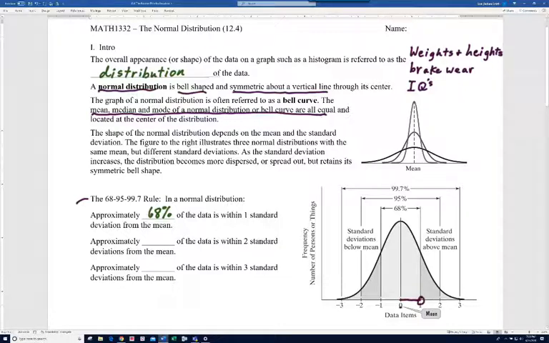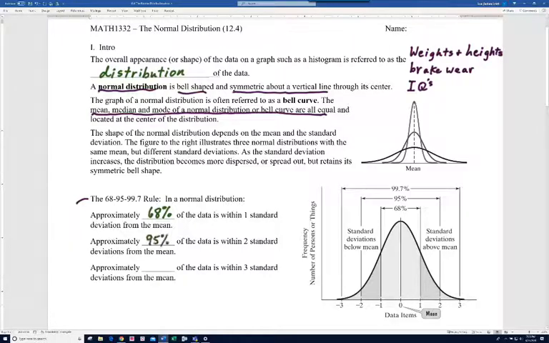Here we're one standard deviation below the mean. And so basically anybody that's in here is within one standard deviation of the mean, and that's where 68% of our data would fall. So that's a majority of the data. Most people or most data is within one standard deviation from the mean in a normal distribution. That's what it's saying here.